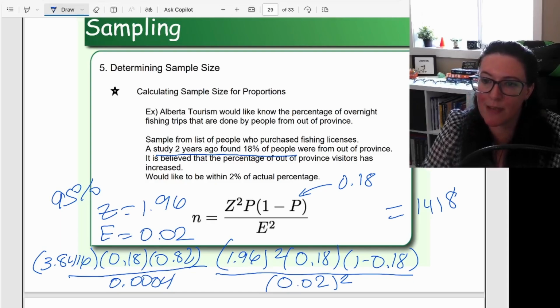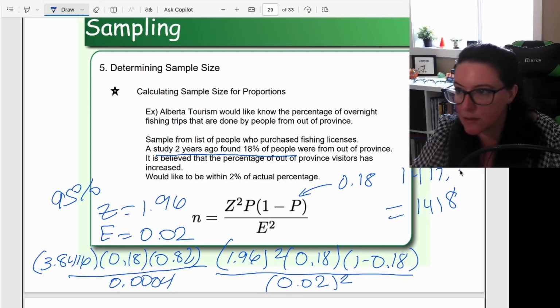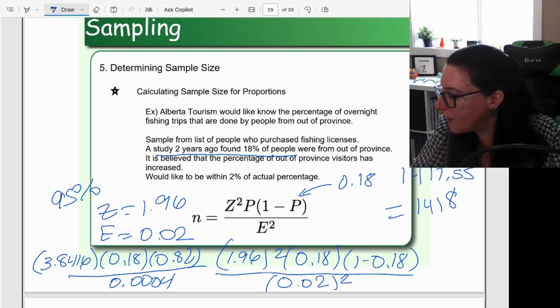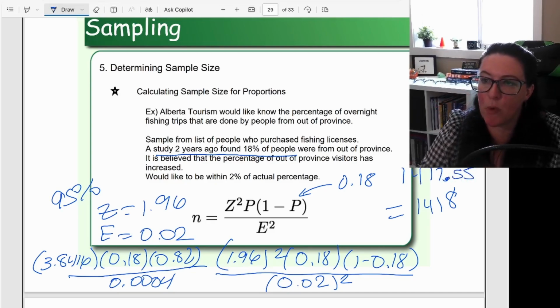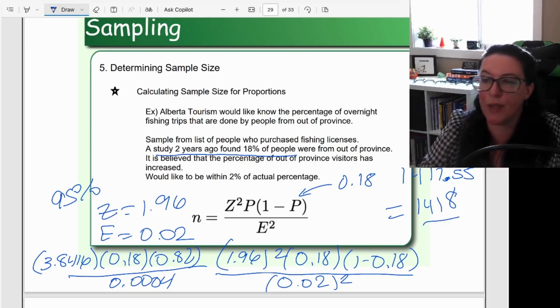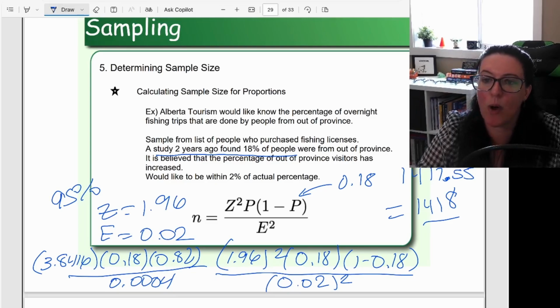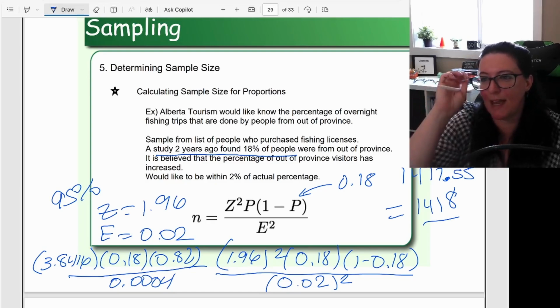Right, we get 1417.5. Technically, you get 1417.55. Always round up, even if it was 0.00001. Always round up because you can't have a fraction of a participant. And so in this particular case, we need a sample size of 1418.